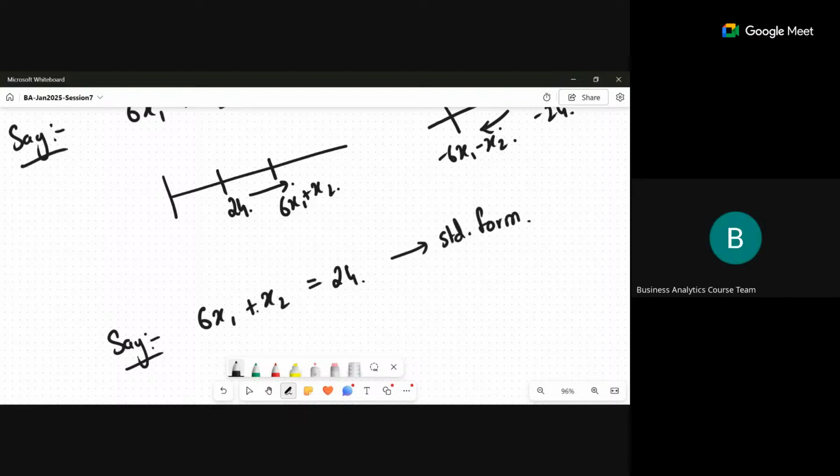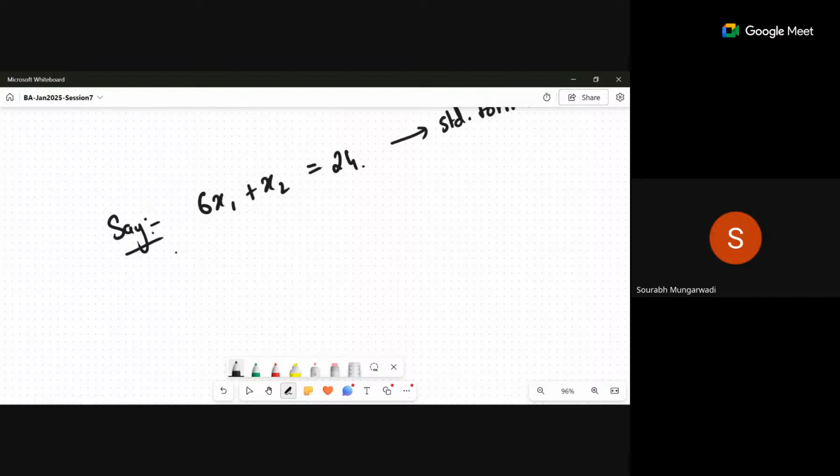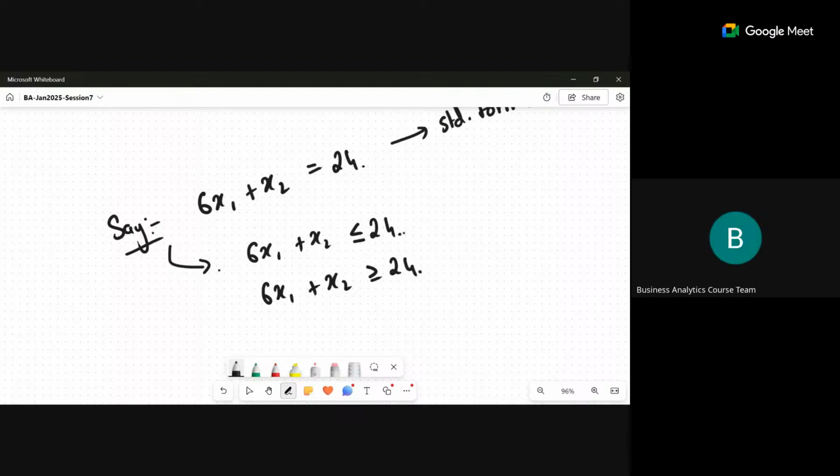Why? What are the two equations? That is 6x1 plus x2 less than or equal to 24. Okay. And then minus of that entire thing. What is the second equation? It's going to be 6x1 plus x2 greater than or equal to 24. Yeah. What does that mean? It must be less than or equal to 24 and greater than or equal to 24. The only answer that solves is equal to 24.